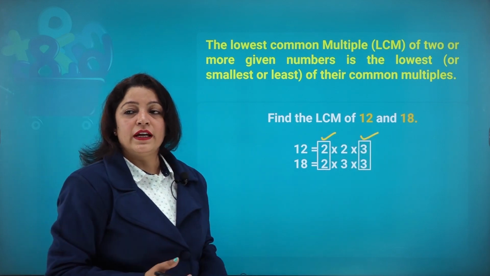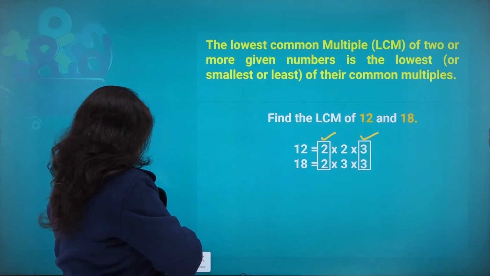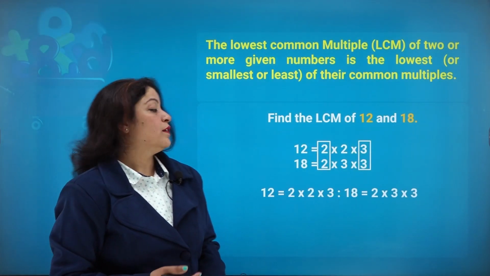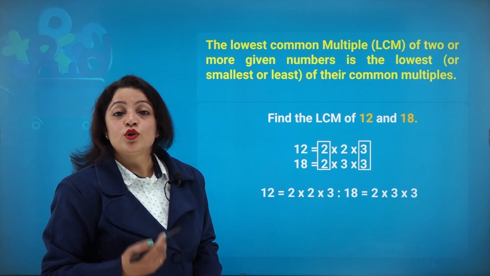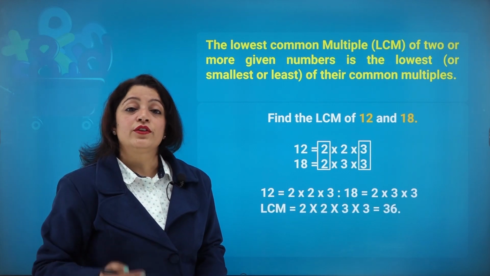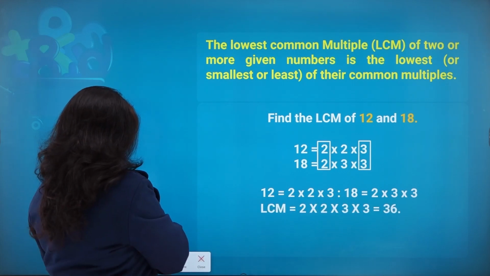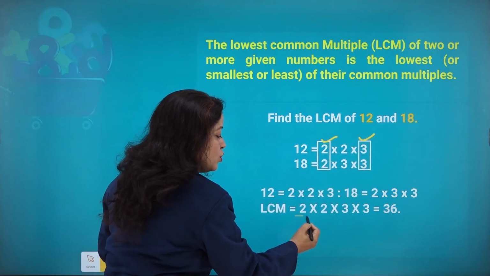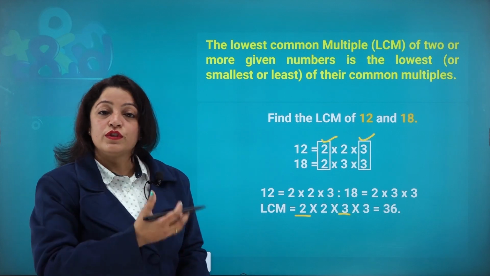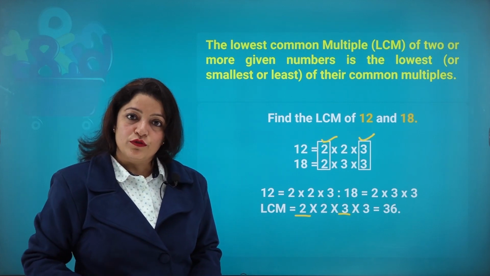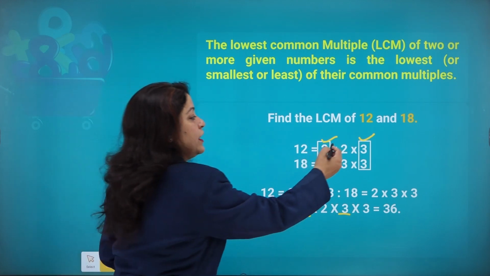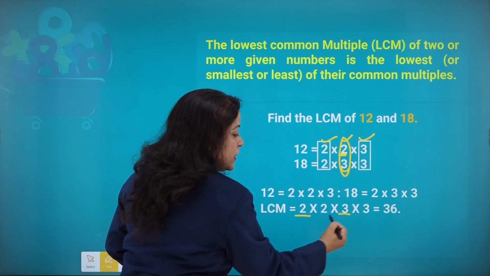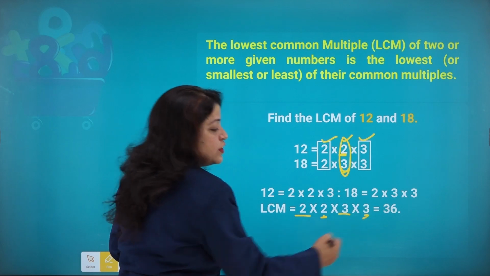So when we find the LCM of the numbers 12 and 18, see what we will do here? We will simply include the numbers 2, 3, 2 and 3 also. That means in this case we have taken the factors which are common, 2 and 3. So 2 and 3 are taken one factor which is common out of these, and other than them we have taken the factors which are not common also. That means this 2 individually and this 3 individually.